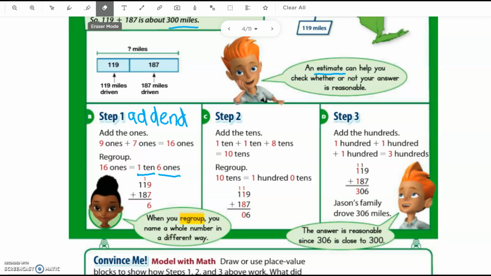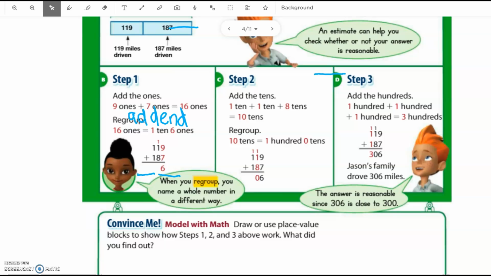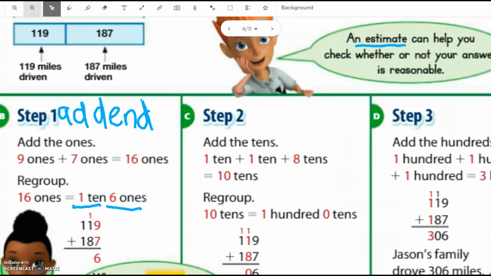Then when I move on to step 2, I have the number 10. The value of that 1 is not just 1, it's actually 10. And then the value of this 8 isn't just an 8, it's actually 80.